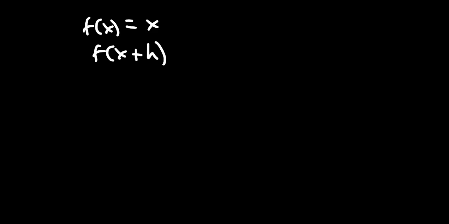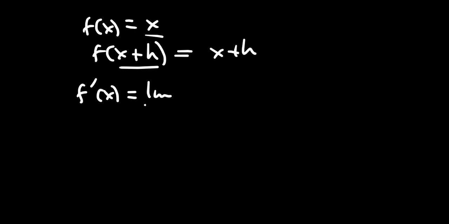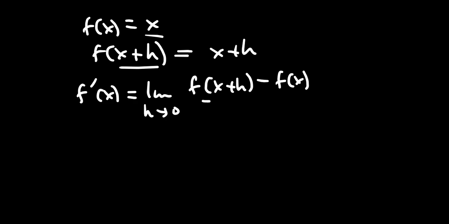And since there's only x in my function, I'm going to get x plus h. So then according to the formula, we say f prime of x is equal to the limit as h approaches 0 of f of x plus h minus f of x divided by h.